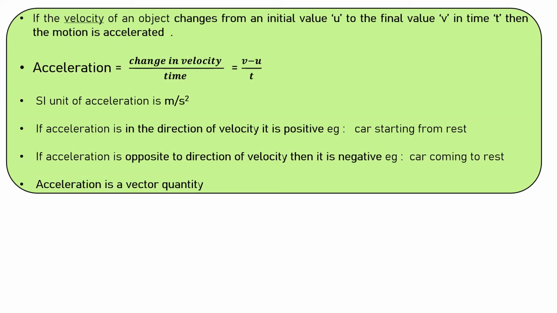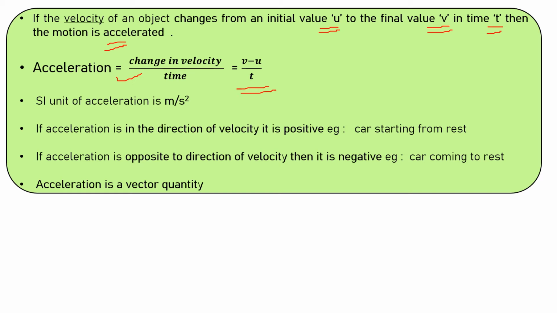Next, if the velocity of an object changes from initial value u to final value v in time t, then the motion is accelerated. If there is change in velocity of the object, then we say the motion is accelerated, or we can say acceleration is change in velocity upon time.